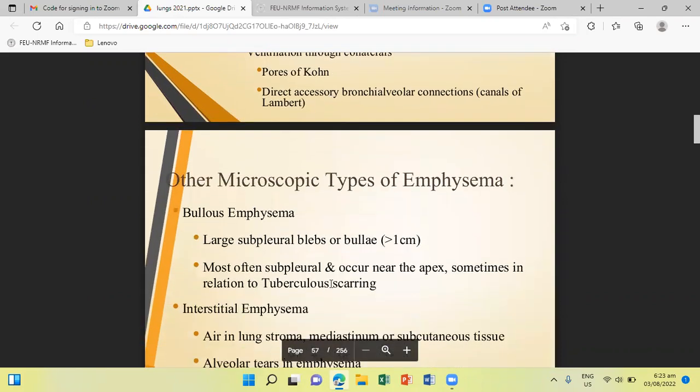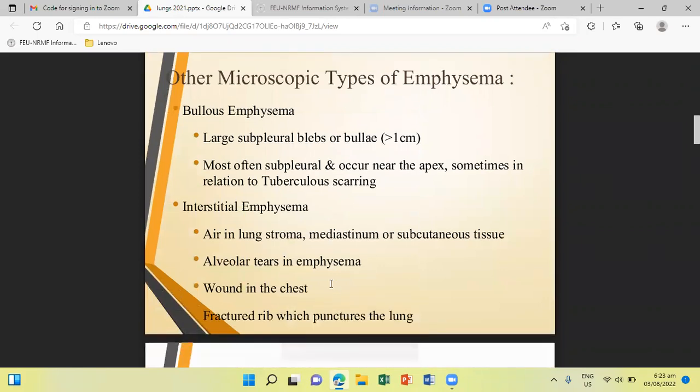There are other causes of emphysema also. Bullous emphysema, I have shown you the illustration a while ago. It is a descriptive term to tell you that there are already large subpleural blebs, the diameter of which may range from more than 1 centimeter in greatest dimension. When you say interstitial emphysema, entrance of air into the connective tissue stroma of the lung, mediastinum, or subcutaneous tissue produces interstitial emphysema.